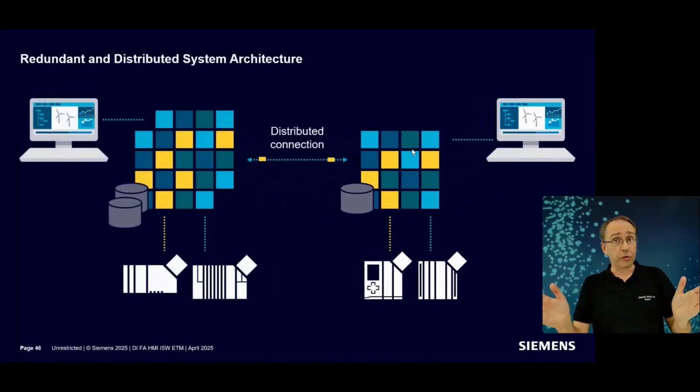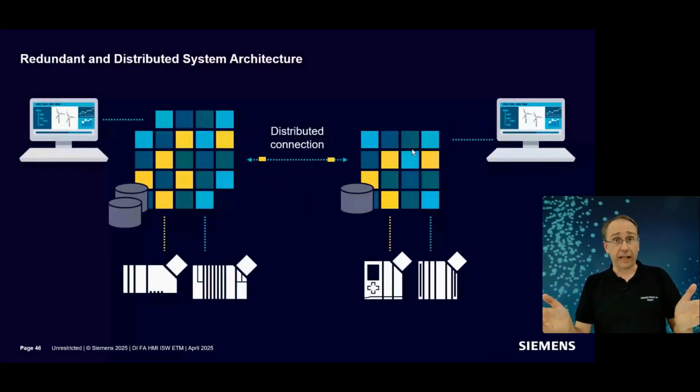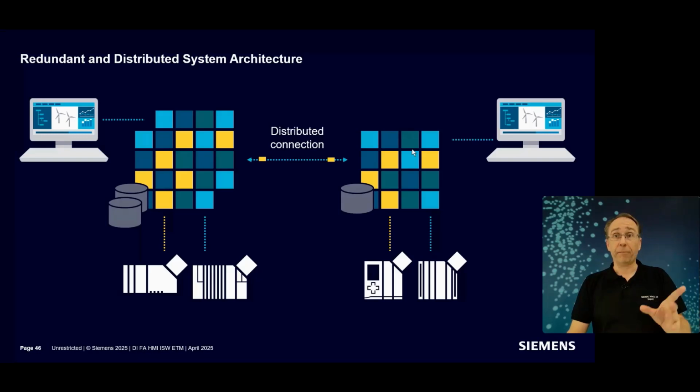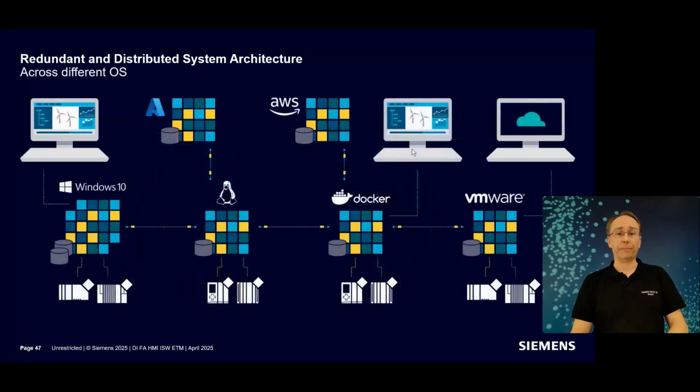When we have a distributed system, that is the same case here, and of course also between the redundant systems the communication would be encrypted if needed. That depends on your security concept, what you do for your plant, where you need encryption and where not, but you can have all communication encrypted.